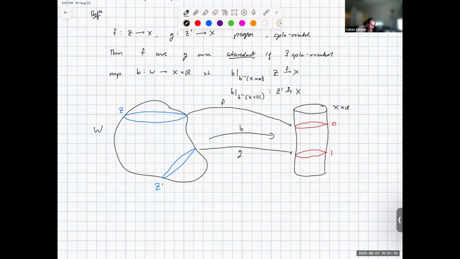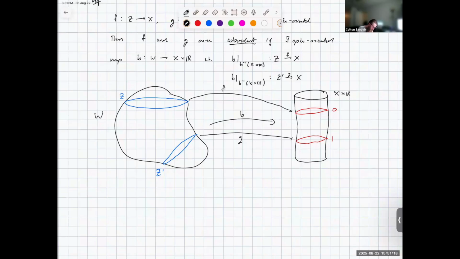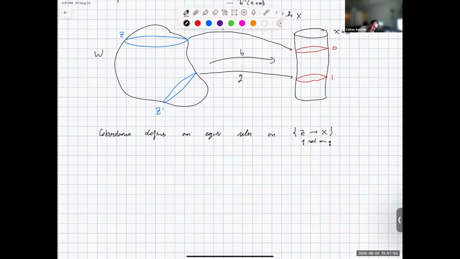Okay, so what can we use with this? I'm not going to prove this, but cobordance defines an equivalence relation on these nice maps, the proper complex oriented maps of relative dimension Q. We can take the quotient by this, and this is what we mean by topological cobordism.